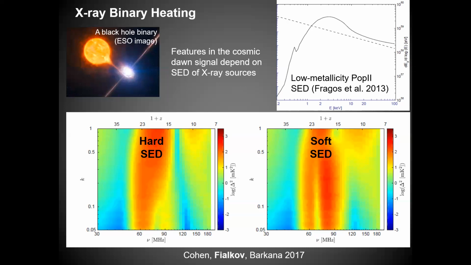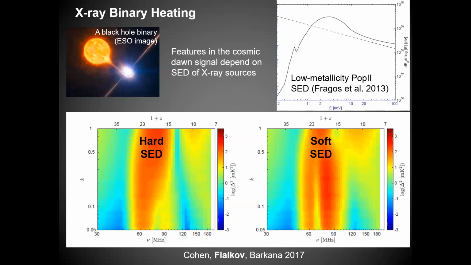Here I show you a result of a realistic black hole binary spectrum, a model with a peak. That's what the population of realistic first X-ray binaries would produce in terms of X-ray intensity. It's a function of the frequency that they produce, and it has a peak.